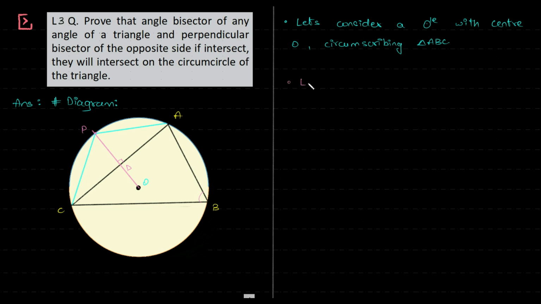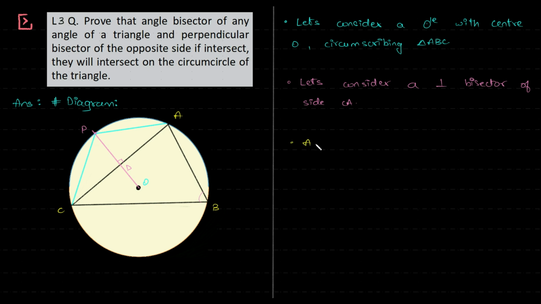Next, let's consider a perpendicular bisector. I told you initially that we'll take up one factor and prove the other. Let's consider a perpendicular bisector of side CA.